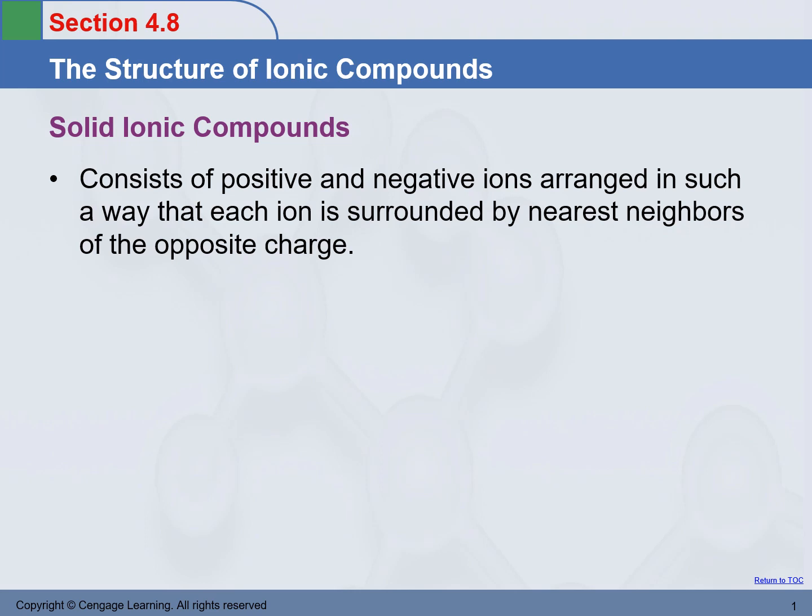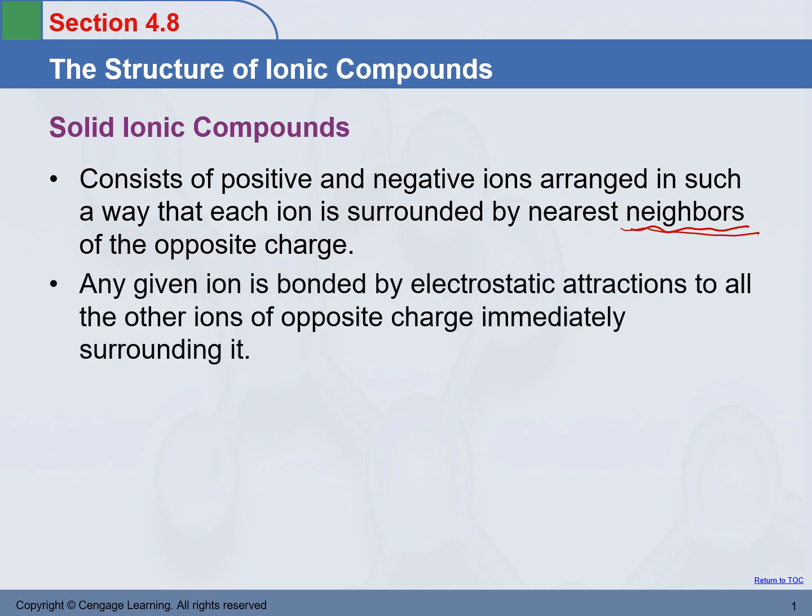This tells you each positive ion is surrounded by a few negatively charged ions, and each negative ion is surrounded by a few positively charged ions. It's called neighbors, not neighbor. And each ion is bound by attractions to all the neighbors.